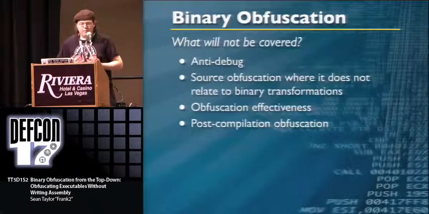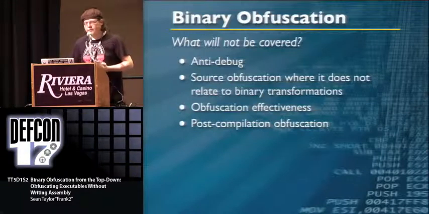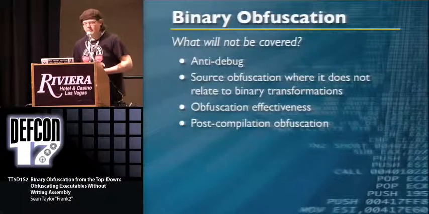So what are we not going to cover? Anti-debug is one of the things we're not going to cover. Anti-debug techniques usually intermix with obfuscation in one way or another, but the actual techniques involved in anti-debugging are out of scope of this talk. Source obfuscation, when it doesn't relate to binary obfuscation, like obfuscated JavaScript, for example, in Google APIs that use JavaScript, or Apple's video player on their video site, which has a whole bunch of really weird obfuscation, but it doesn't translate that well into binary transformations.